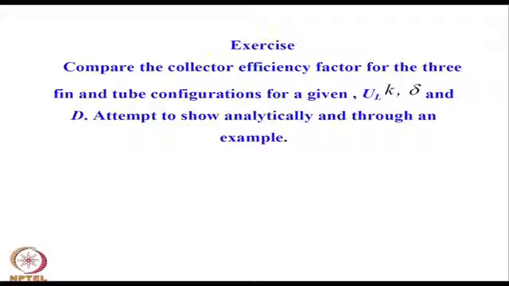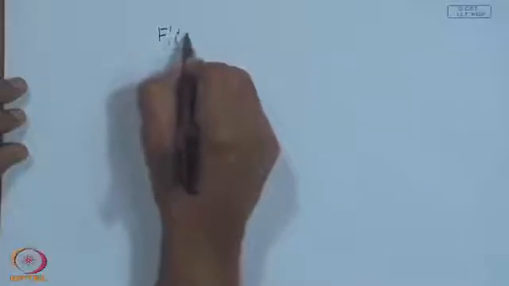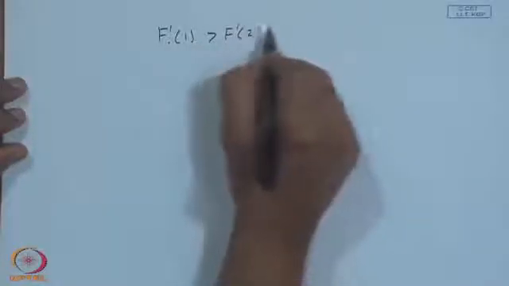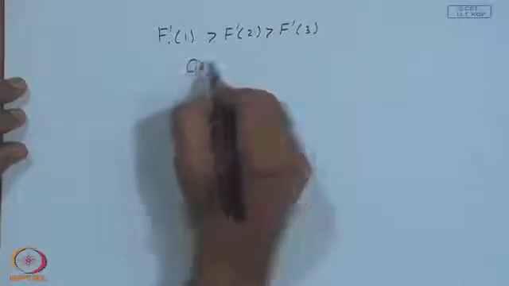One can find out whether F dash is higher for one or the other for a change in U L and k delta, and analytically prove that F dash for arrangement 1 is greater than F dash 2, greater than F dash 3, or whatever.